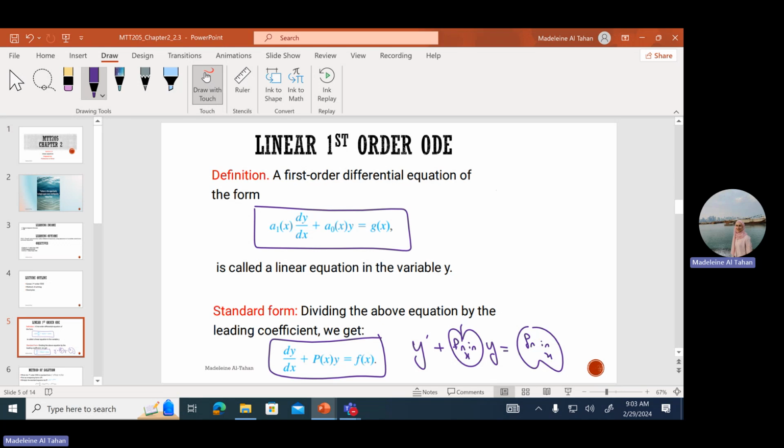So p of x here is very important. Write it as y prime plus p of x times y equals f of x.